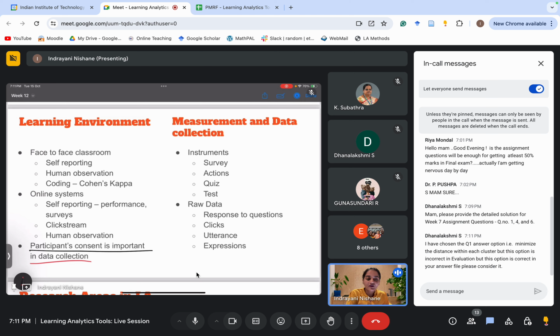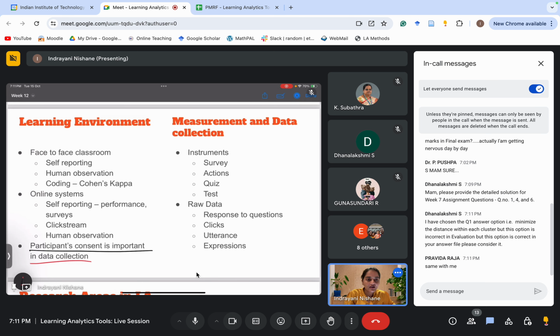Okay, so if any of you also has similar doubts or wants me to solve a few questions, then please list it there with the week number and the question number. Yeah, so I am noting it down, 1, 4 and 6. So next week in the revision class we can take this up, right? I have chosen question 1 answer option, minimize the distance within each cluster, but this option is incorrect in evaluation, but the option is correct in your answer file.